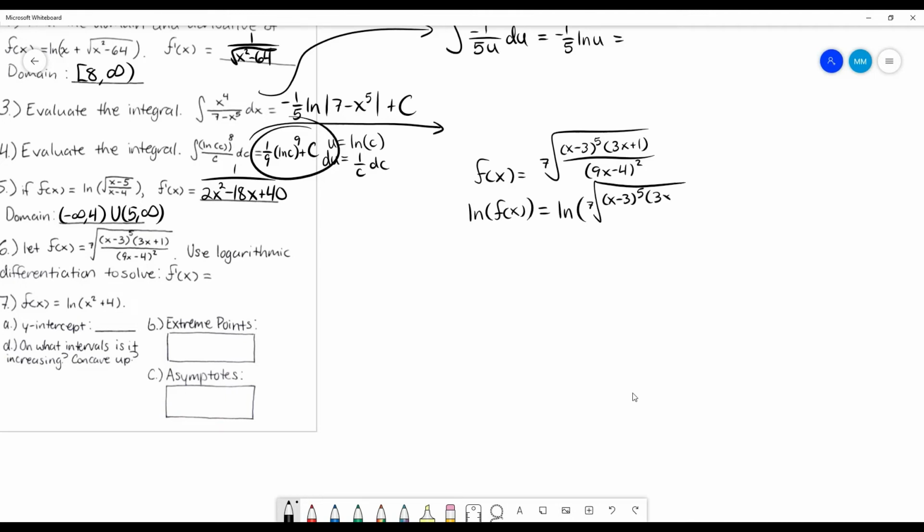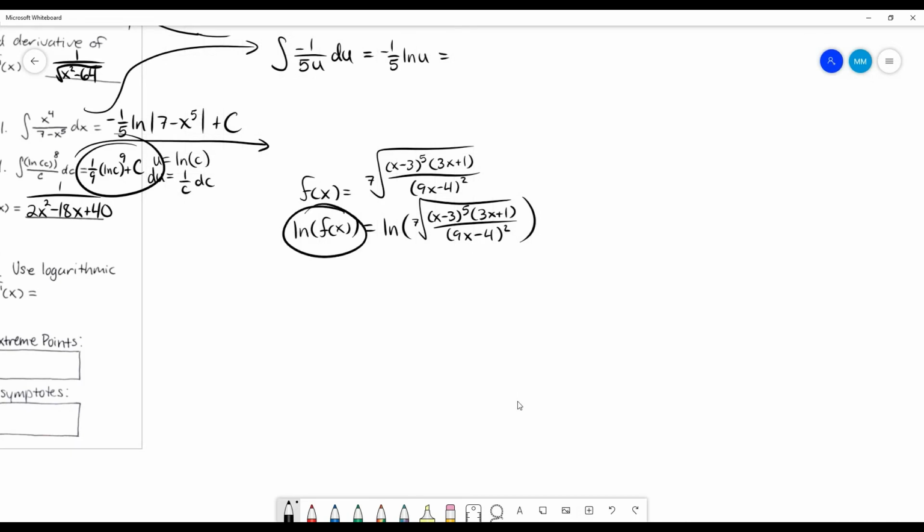And the reason that this is helpful is because of the way that we're able to manipulate our logs based on our log rules. So remember how I broke up that log in the other one into one log minus the other because of that division? We're going to be doing a lot of that here. So right now we're going to ignore this left side. Don't really care about it yet.